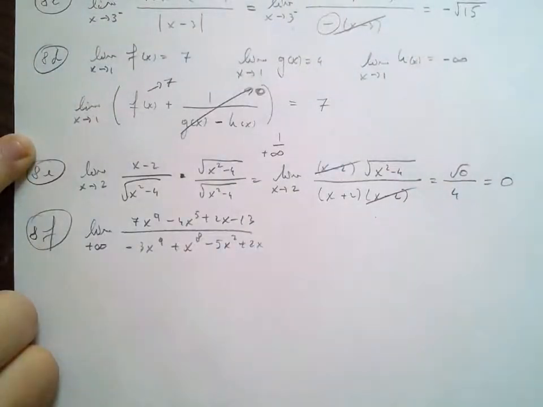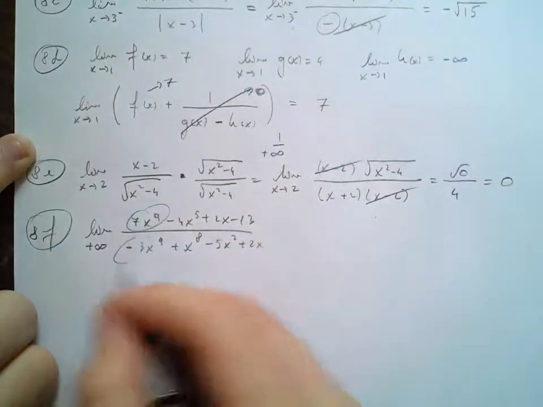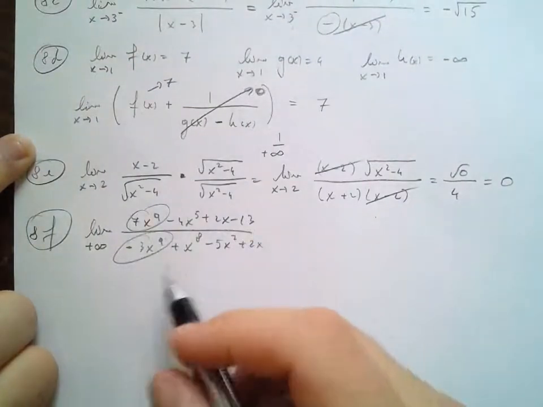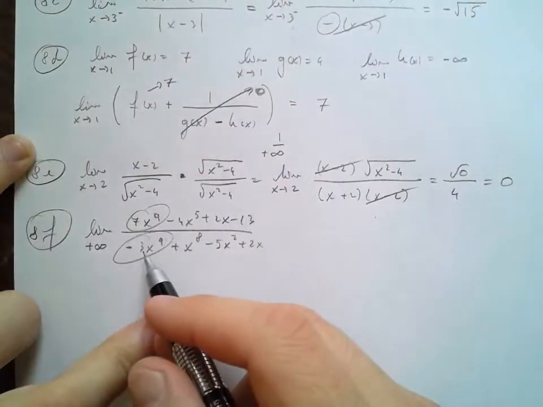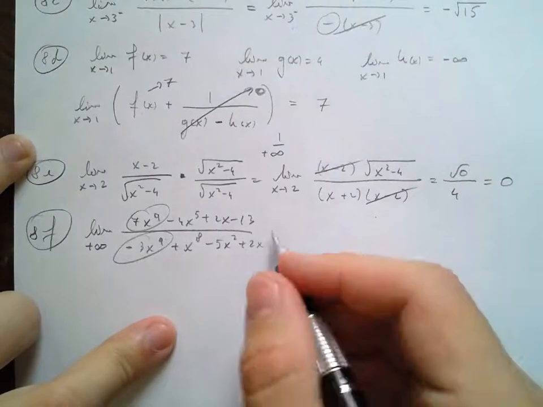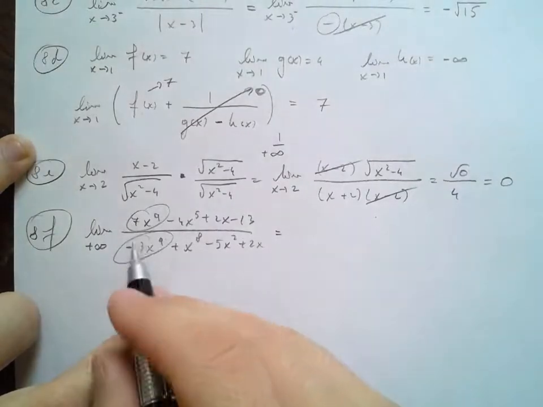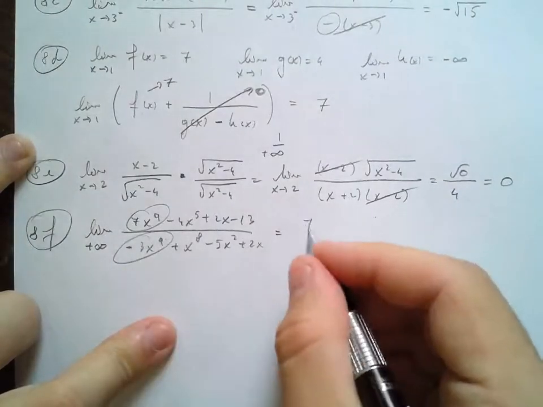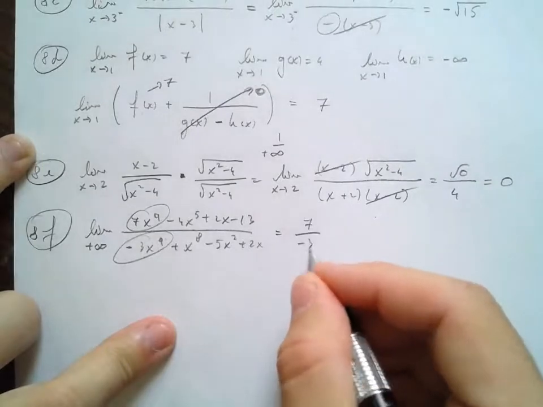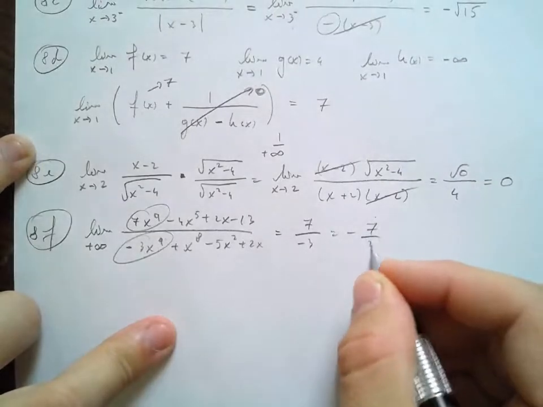And of course, like we learned in class, we're interested in the leading terms. That's these two for the top and the bottom. And notice that they have the same exponent, which means the limit should be just the ratio of lead coefficients, which is 7 over negative 3, or minus 7/3.